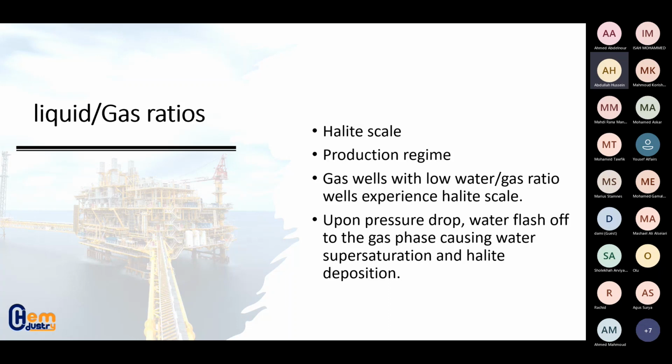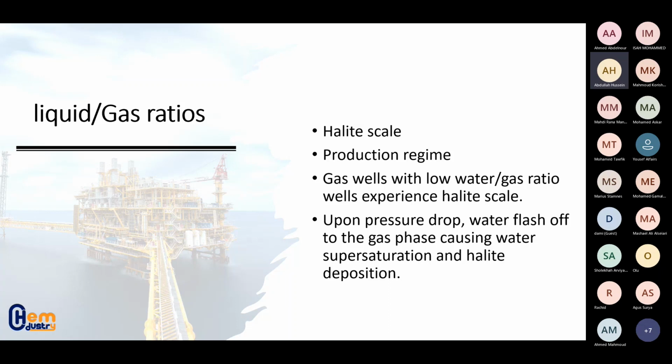So whenever anything changes in the system, this high potential can be translated into driving force and then cause the precipitation. And this will happen basically when you have a system with a big or significant pressure drop. What's happening is with the pressure drop, the gas can leave the solution, leave the liquid, and then whenever the gas leaves, the water can flash off into the gas phase, and then this will evaporate the water from your fluids, and this will cause the halide to supersaturate and then deposit.